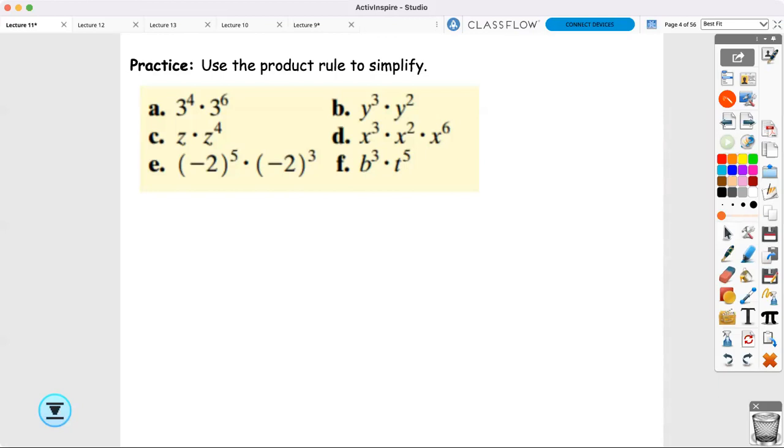Why does nothing change? Anyone want to share? The two bases are different. The base is not the same. I love that y'all use the word base. That's awesome, guys. Good choice in vocabulary.